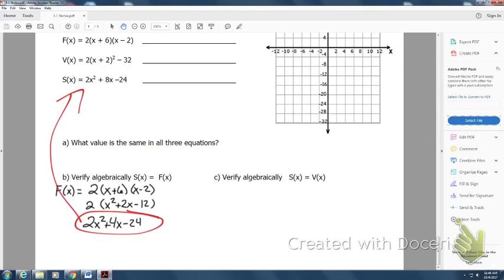Once you have that written down, I want you to take the vertex form and I want you to verify that that is the same as the standard. So on that previous problem, the mistake that I made, I would have negative 2x plus 6x, which means this should have originally been 4x. And then 4 times 2 would have given me 8.